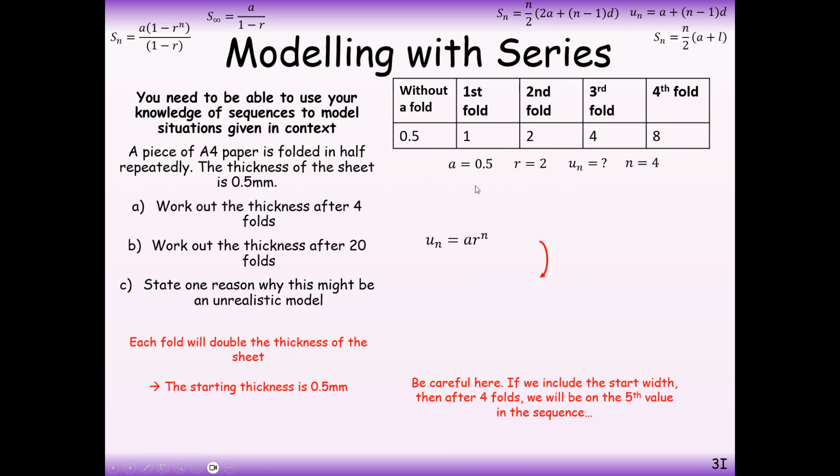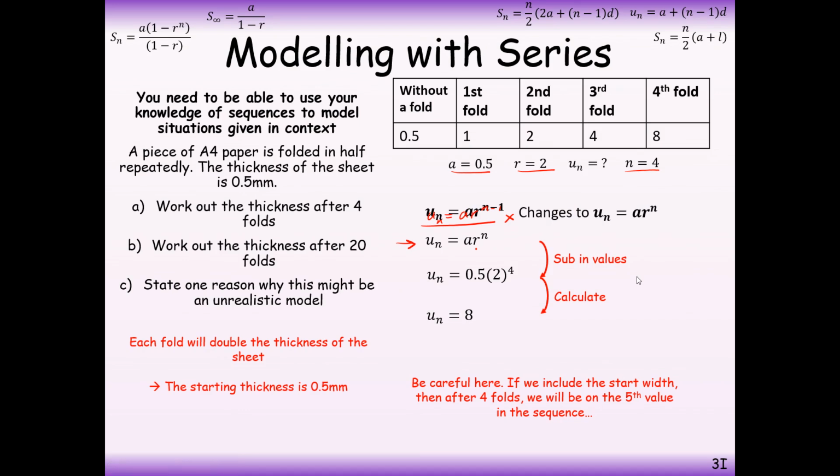We're going to substitute the value of half, r being 2 and n being 4, into this formula rather than a r to the power of n minus 1. Okay, so we are not using that. We are going to use this. Alright, so solving the values, and what comes out is 8.